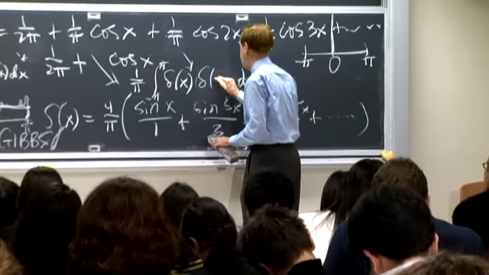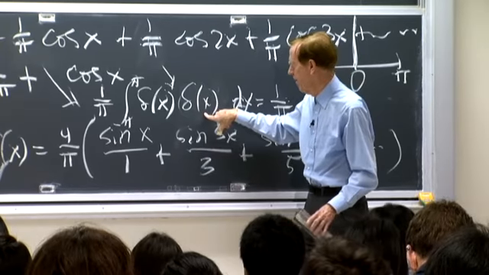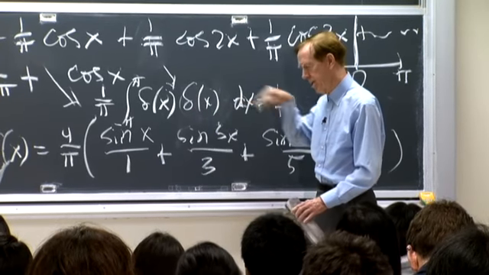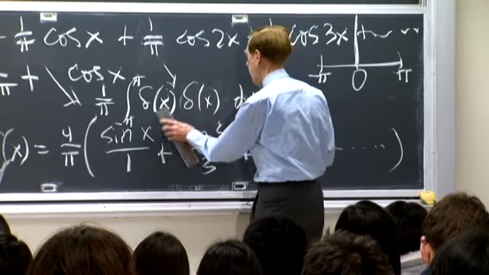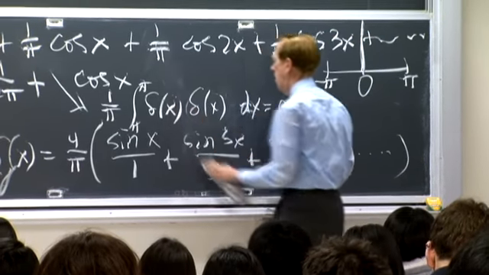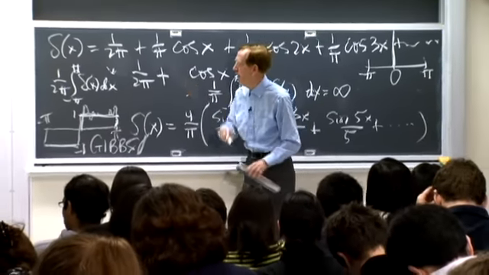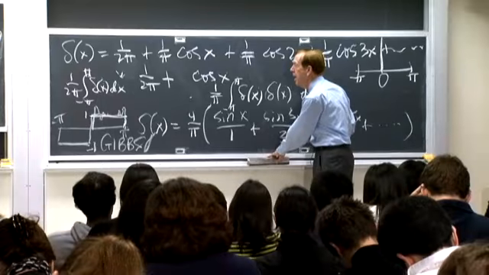Because this delta says, if I can speak informally, take the value of this function at 0, but of course that's infinite. So that would be the energy in x space.